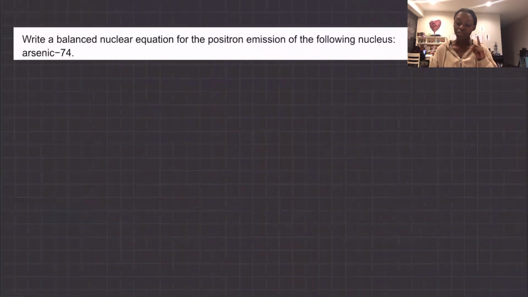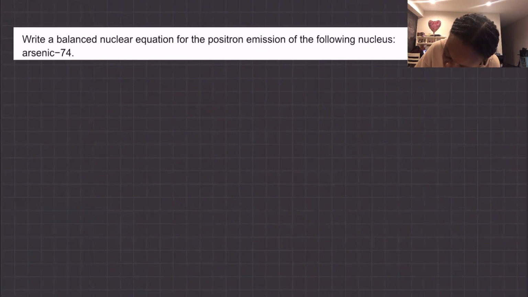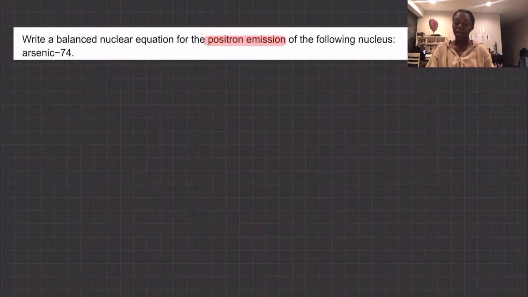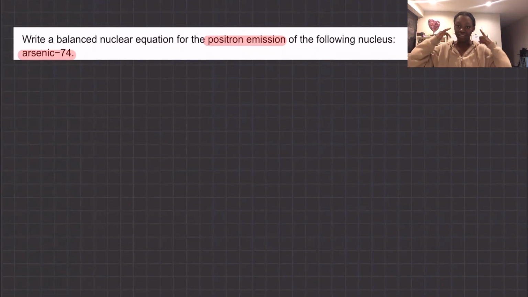This one is positron emission. So write a balanced equation for the positron emission of arsenic-74. So that means this time we're going to be forming a nuclear reaction that emits a positron, which, if you remember from my last video, is the antiparticle to the beta particle, right? If that gives you a clue.